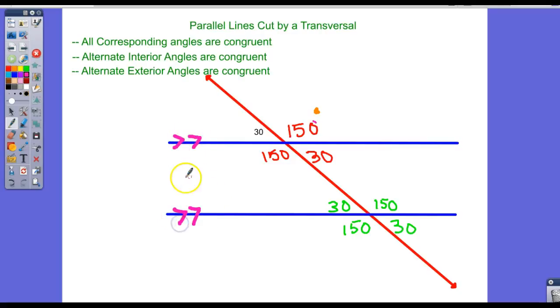And if you ever see these little arrows on these lines like this, that means that they're parallel. So I have these parallel lines. If it's cut by a transversal, these things always happen. So just because I made 30 resulted in these other angles, but any angle here would have resulted in the same situation. If I were to put 40, then that would just mean that these are 140 and so on.